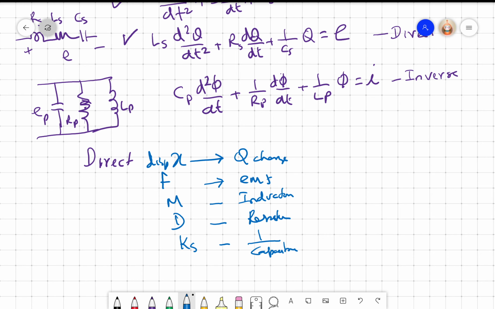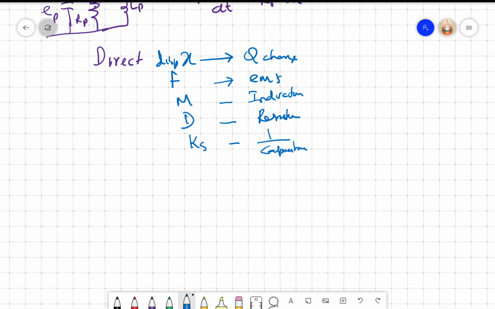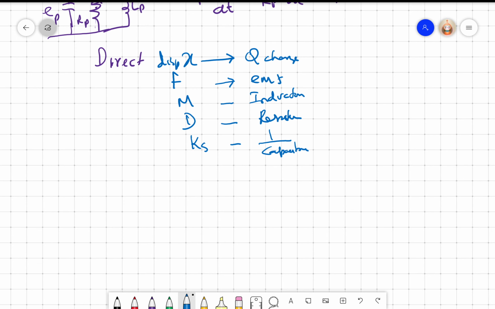Okay. Now, once I have the differential equations, the easiest way to understand and operate a given set of differential equations is to use the Laplace transform, right? So, what is a Laplace transform? If I have x of t as my signal, which is in the time domain, right?